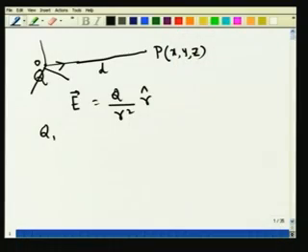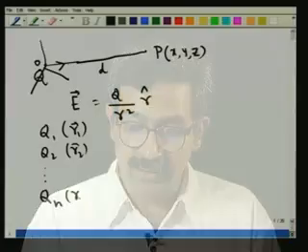What we then did was to generalize the result to a system of charged particles by stating the principle of superposition. So what is it that we did? We said that if I have a system of charged particles, let us say q1, q2, etc., qn, and they are located at the points r1, r2, etc., up to rn.